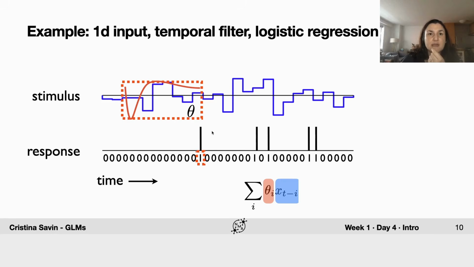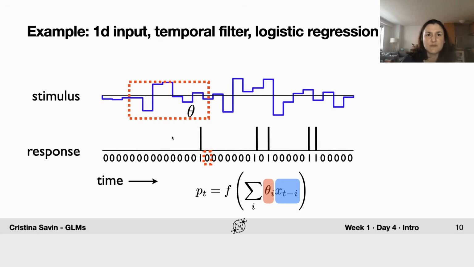In this particular case, this output will be positive when the recent stimuli are above 0 and the really early stimuli are below 0. This output is then passed through this squashing nonlinearity, resulting in a probability between 0 and 1. If the output is positive, that will increase the probability of observing a spike in this particular time bin. And the same kind of thing happens for any subsequent time step.